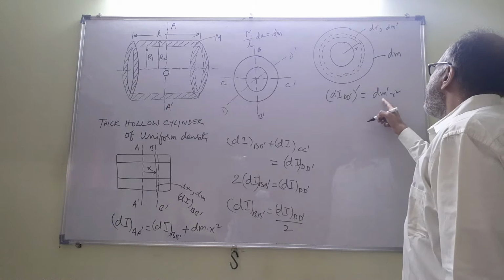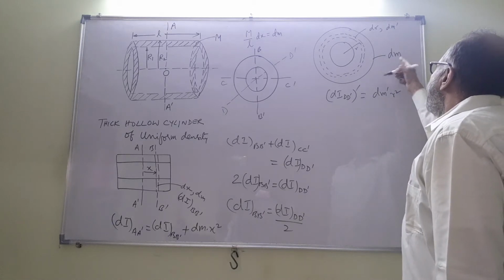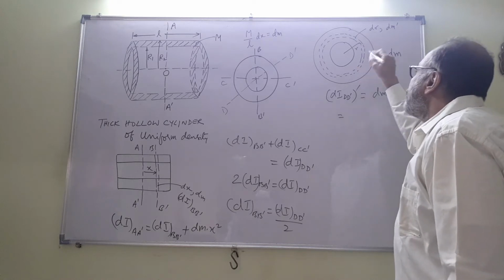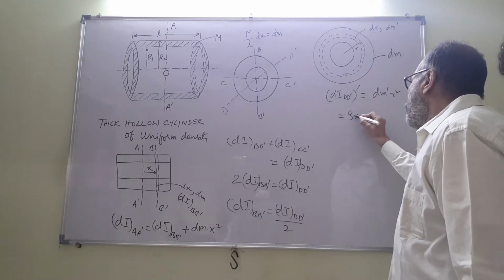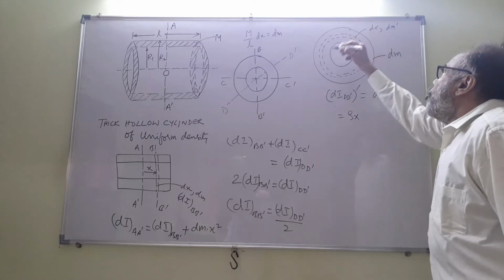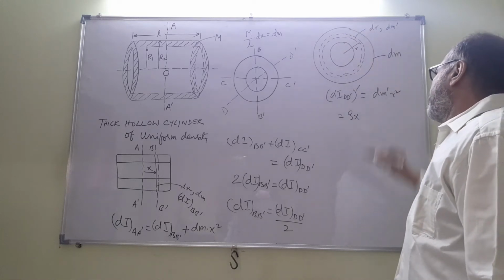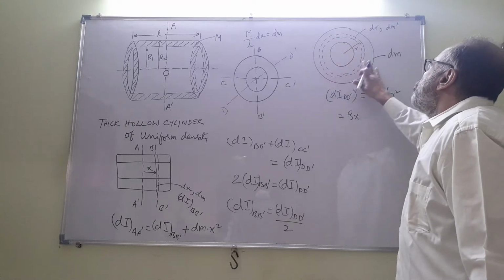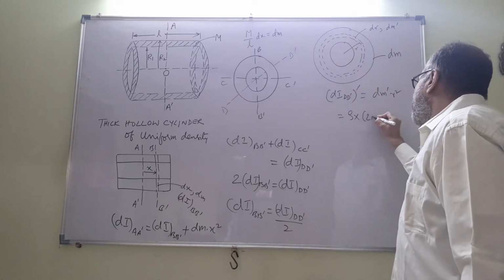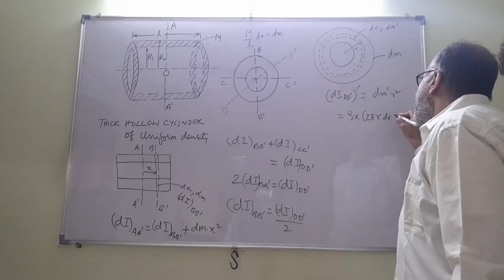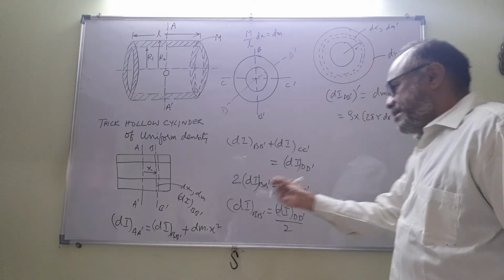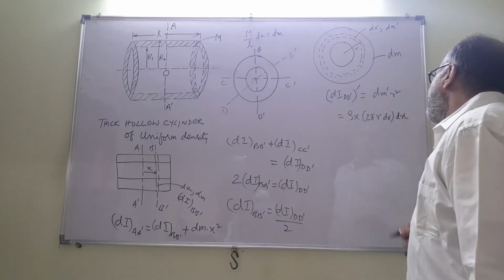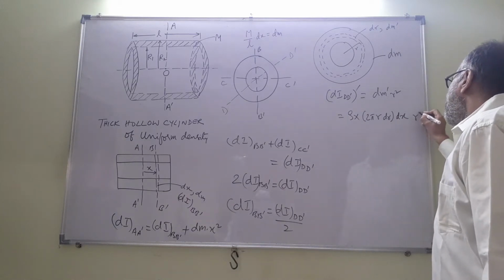So let us get dm dash in terms of dm. dm dash would be the density of this annular disc rho into the volume of this ring. The area of the ring will be 2 pi r dr, and its thickness is dx, so into dx, that would be the volume.